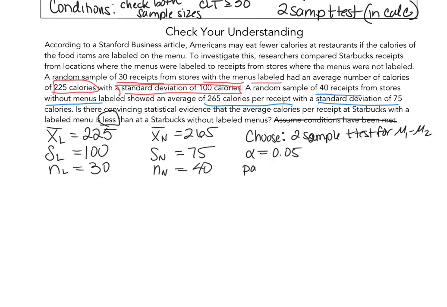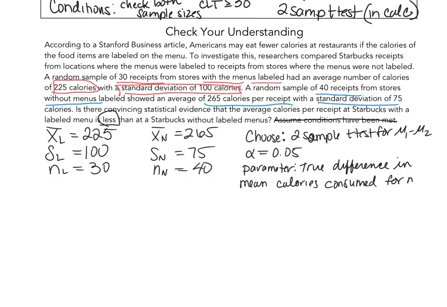Our parameter is the true difference in mean calories consumed for menus with and without labeled calories.